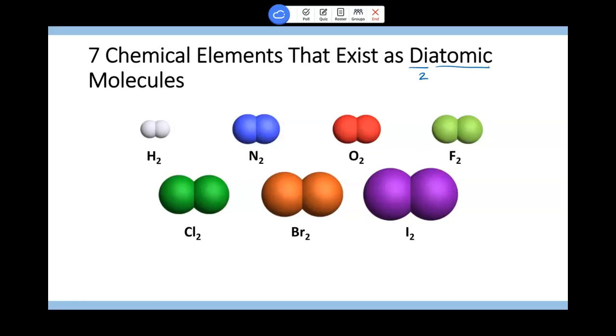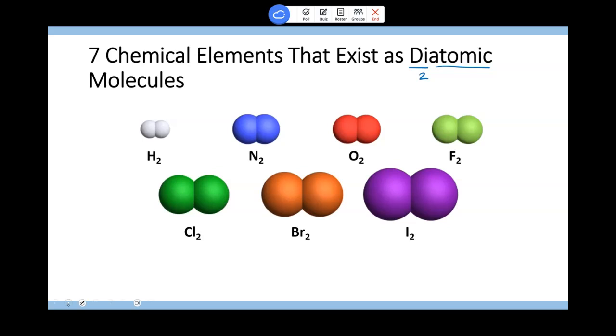Di represents two, and then atomic, we have two atoms bonded together. And so we're going to talk about naming molecules that have two nonmetal atoms. But if it's the same atom, then we just call this by the atom name. So hydrogen, chlorine, bromine. Sometimes they're referred to as dihydrogen, dichlorine, dibromine.